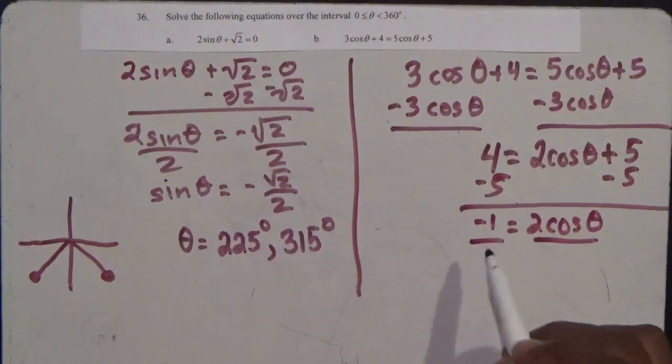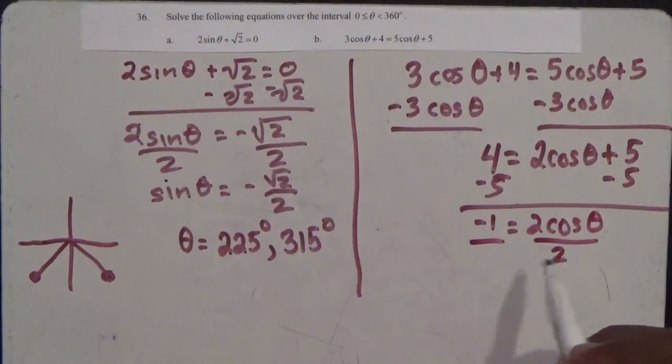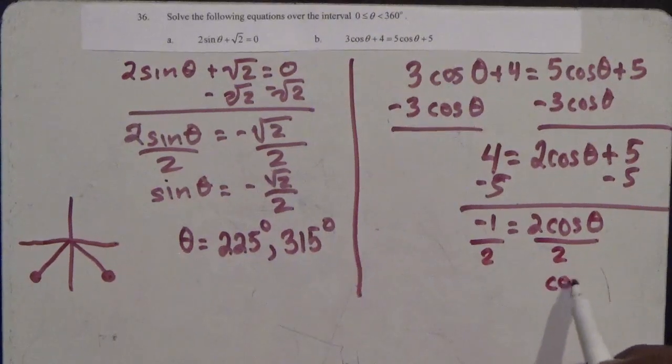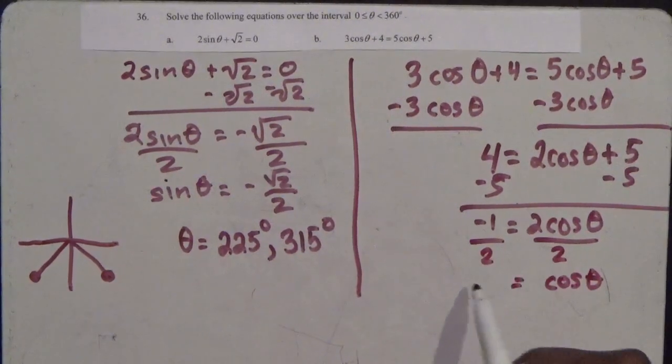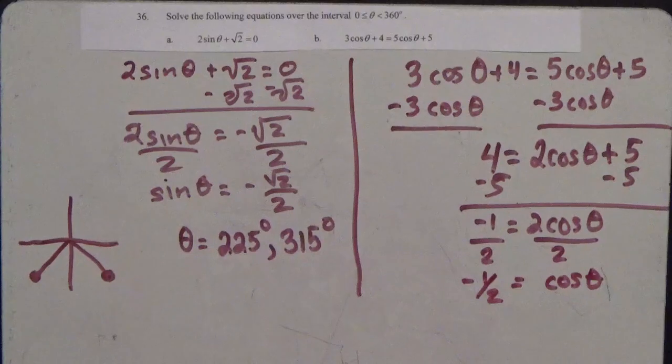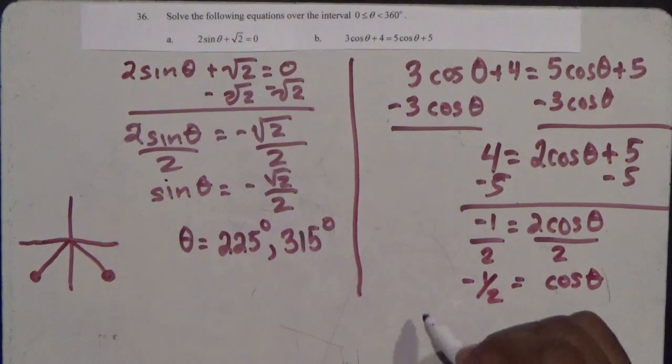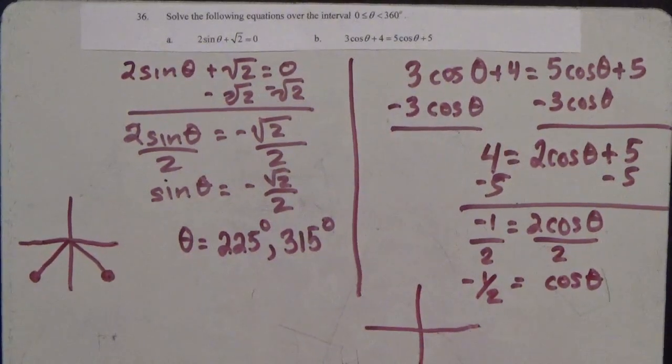Divide both sides by 2. That's saying that cosine theta is equal to negative 1/2. So this is where you go back to your unit circle and figure out where cosine theta would be equal to negative 1/2.